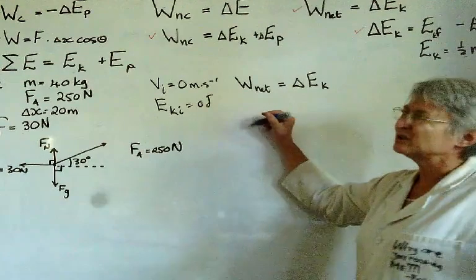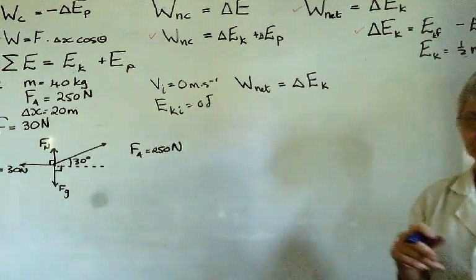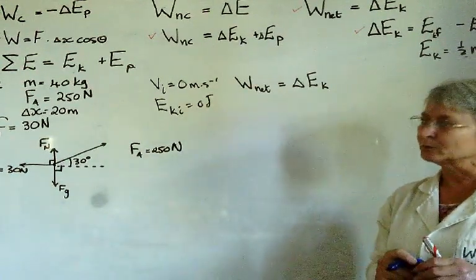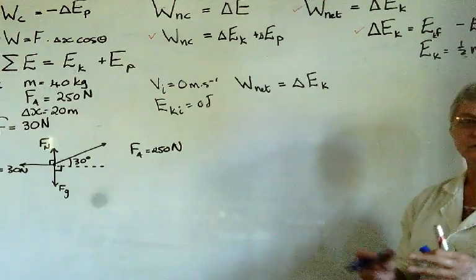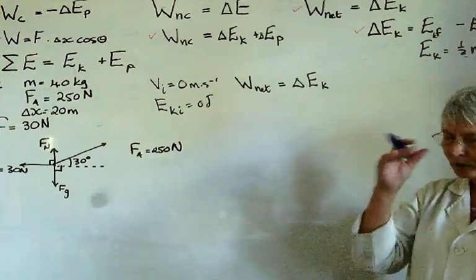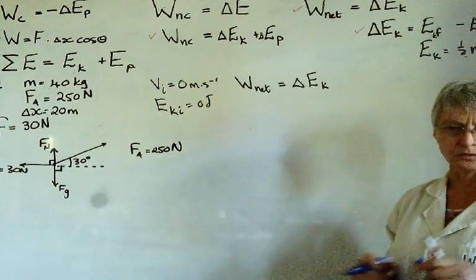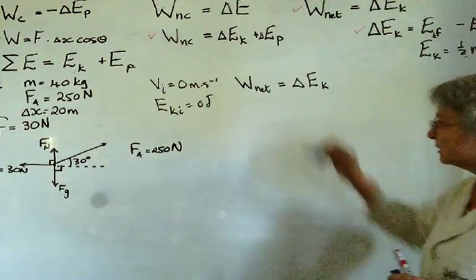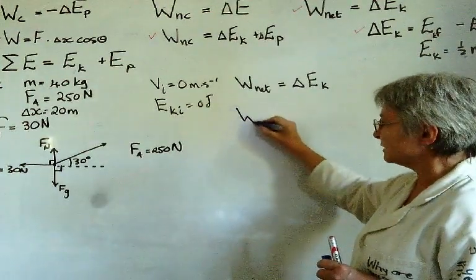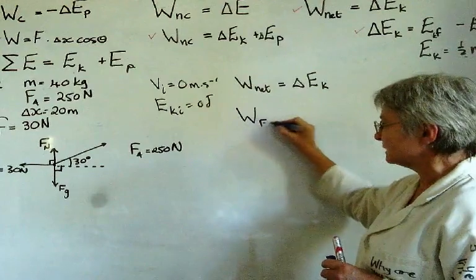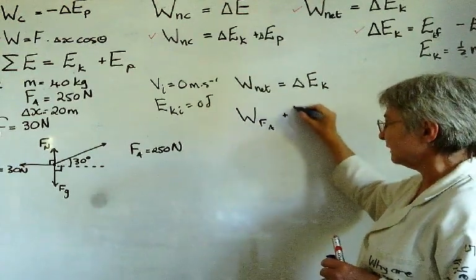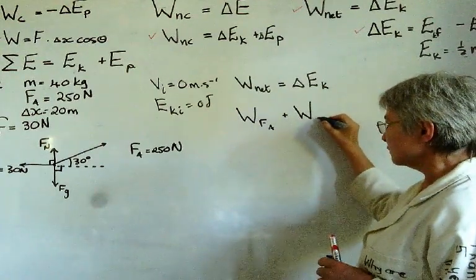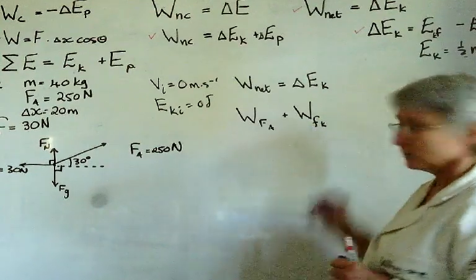Can't we now use that value in this? No, because, sorry for belaboring it, you need to work from scratch as though it's something new. Okay? So W net will be the work done by friction plus the work done by the applied force. Am I right with that? Okay?